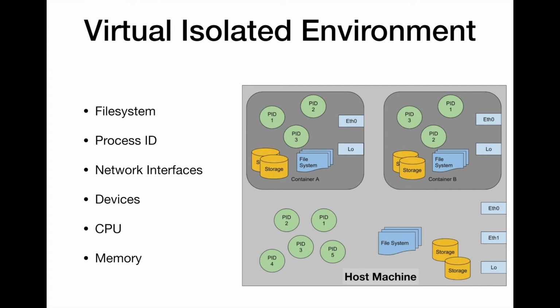The CPU, memory, network interface, and storage disk you see inside the containers are not real, but virtual CPU, virtual memory, virtual network interface, and virtual storage disk. That's why it's called a virtualized environment. Only the host machine has the real CPU, memory, network interface, and storage disk. The containers get access to the real instances through the virtualization drivers running in the host machine.